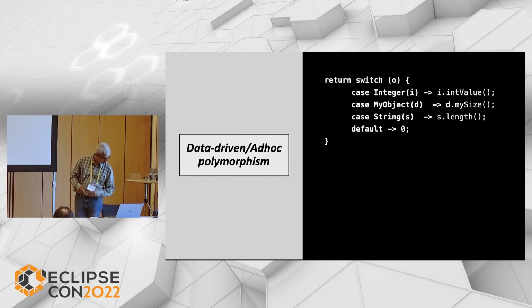These are unrelated types, right? Integer, my object, structure. So you don't have to go to the type system or say there is a hierarchy. We can just use the pattern switches and use similar code for this kind of polymorphism.